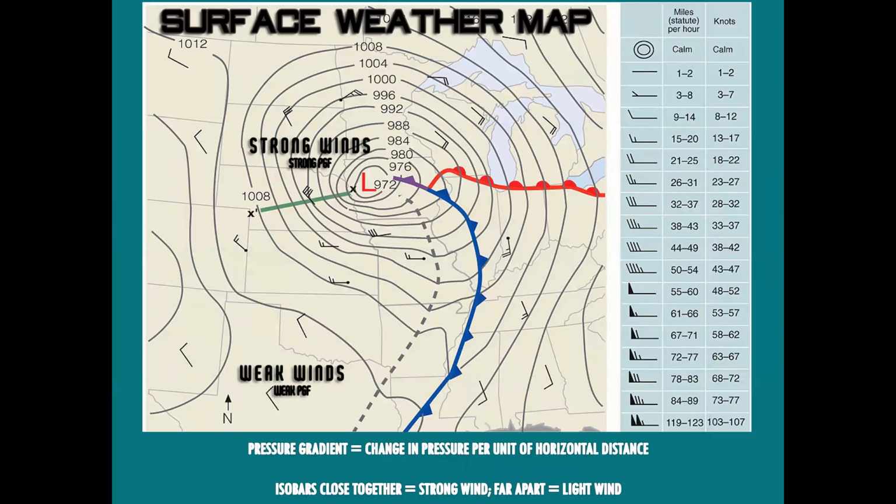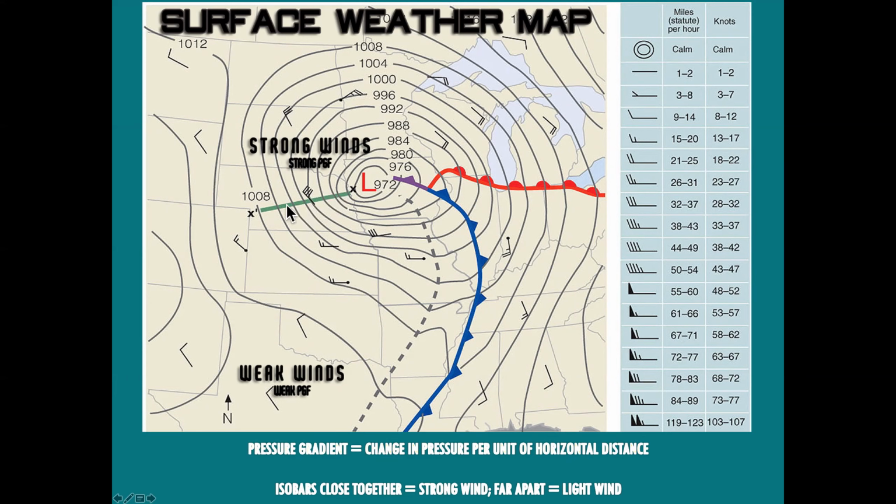Now, here's a surface pressure map, some generic pressure. Think of this as a contour of pressure, and each line that you see here is called an isobar, which is nothing more than a line connecting points of equal pressure. And so here at the center, you have a very low pressure, and as you go away from it, you have higher pressure.